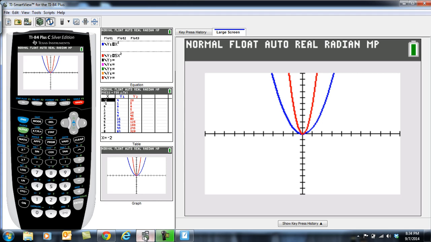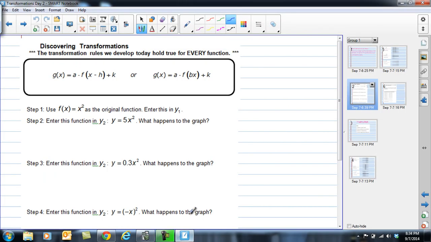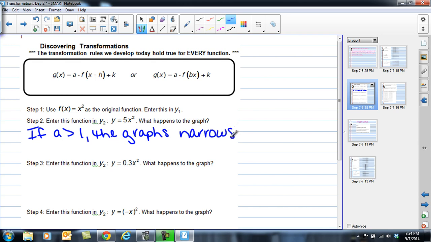So when I'm talking about what happens here, if a, the number that we're multiplying by, is greater than 1, so it's a number larger than 1, the graph narrows, because you can either say it got narrower, or you could say it vertically stretched.